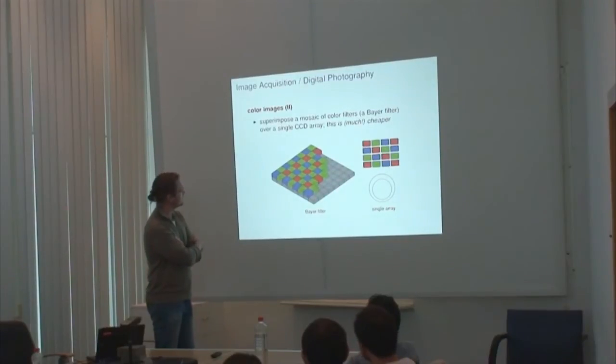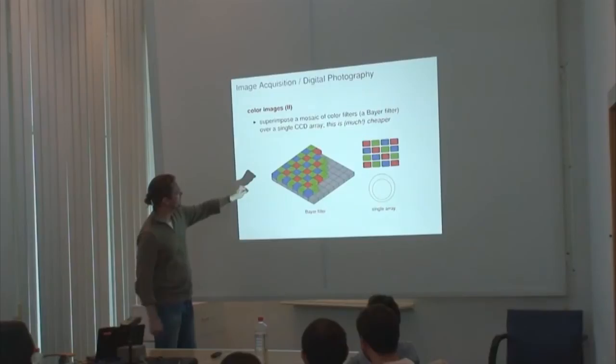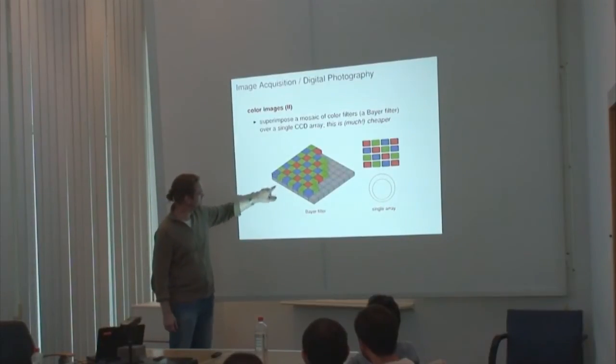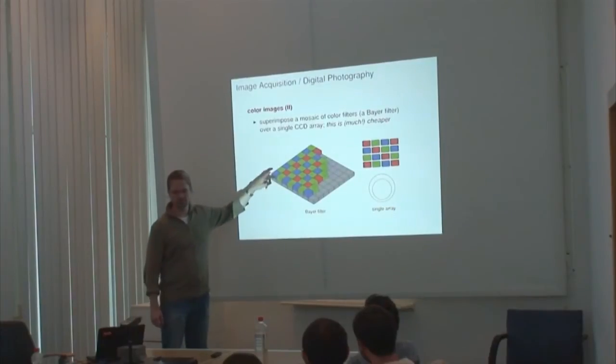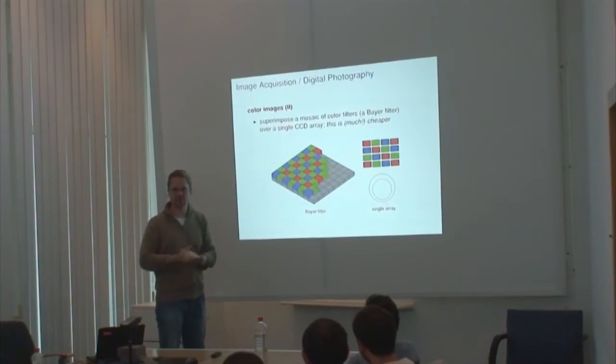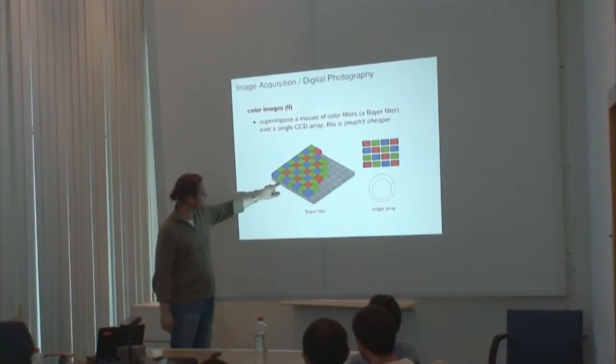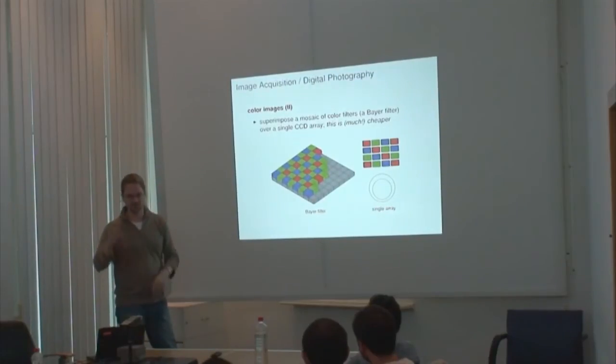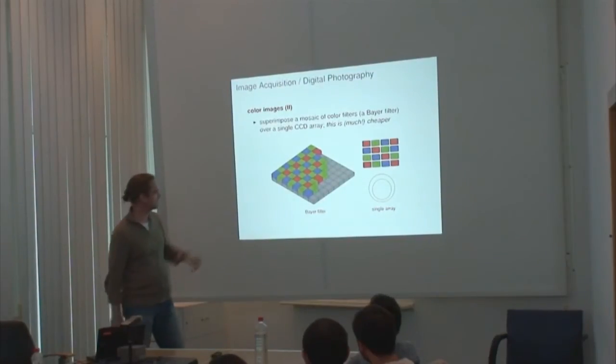So this is to be read as color filters: this pixel here only records blue light, that is light in a wavelength or frequency that we would call blue, and this pixel here would only record green light, and likewise for red.